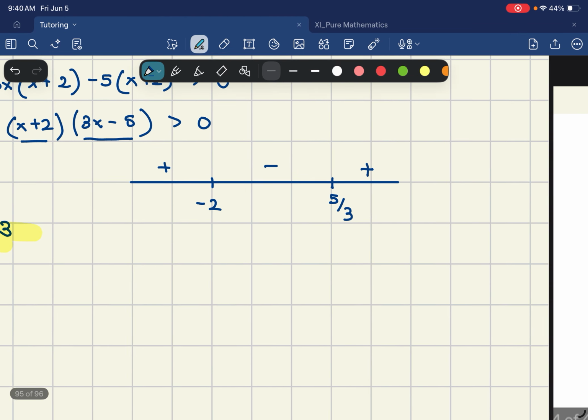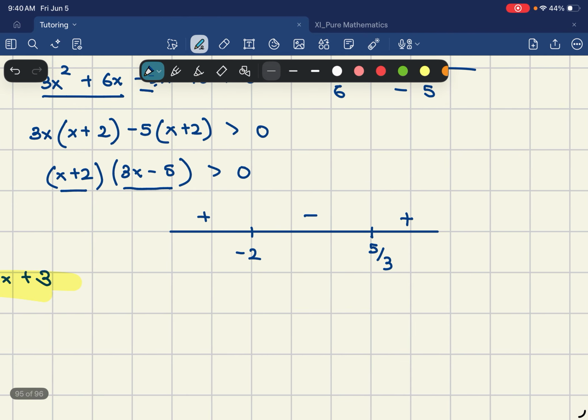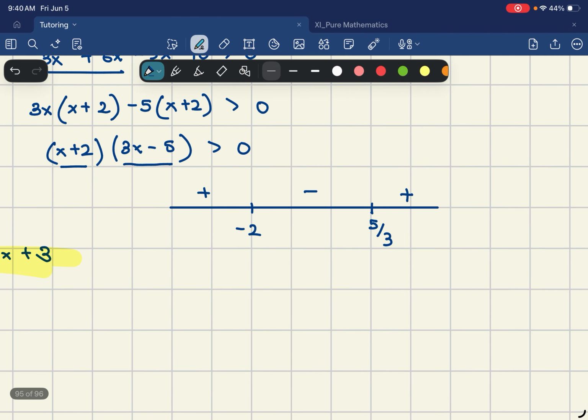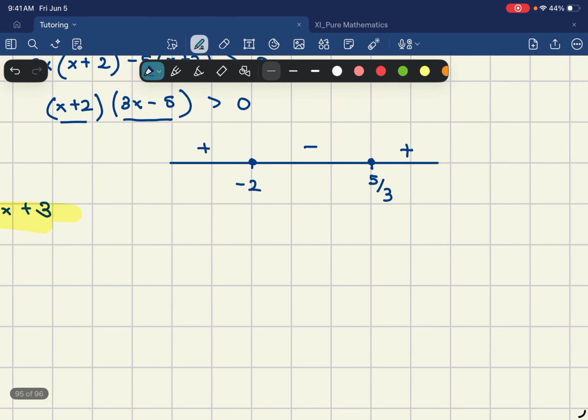All right, so now that we have this down, remember, x cannot be equal to negative 2. If it is, then it's 0. And if it's equal to 5 over 3, then it's 0. So now the gradient is positive, dy by dx is bigger than 0, if x is less than negative 2, because it's to the left, right?